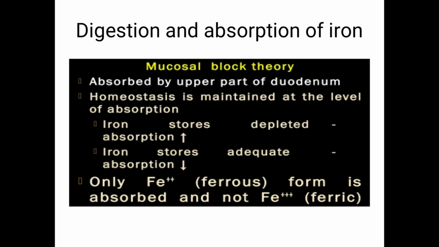Iron is stored in the form of ferritin and hemosiderin in the liver and spleen, so if iron storage depletes, then absorption of iron increases. If there is adequate iron, then absorption decreases, thereby homeostasis, that is the balance, is maintained. And remember, only the ferrous form of iron is absorbed and not the ferric form.